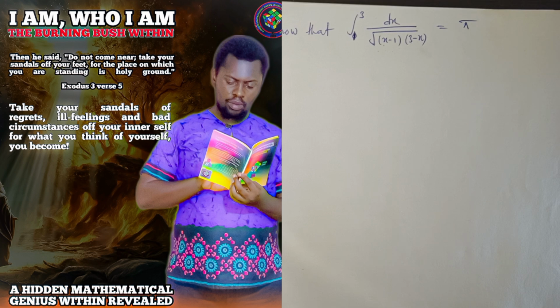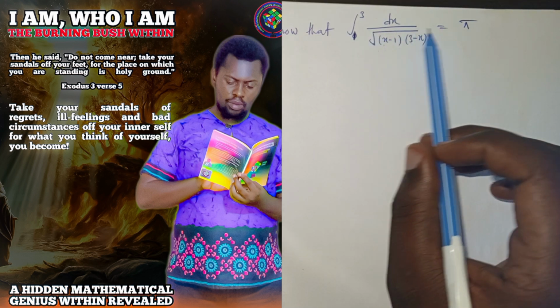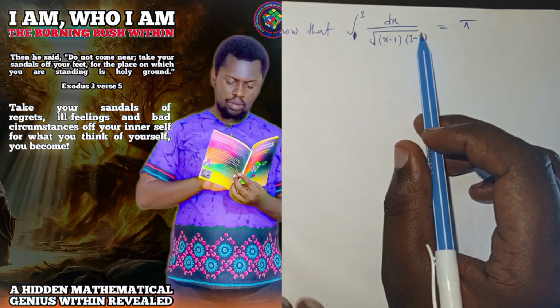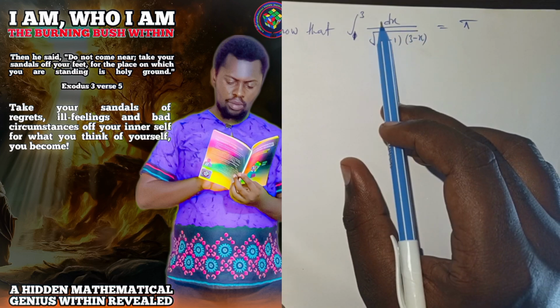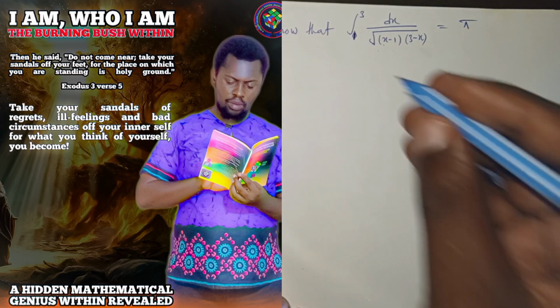So if the power is positive, when you take it to the numerator the sign should be negative. Here the power is half, because every square root has a power of half. So when you take this as a numerator, the power will be minus half. So that's the first thing.